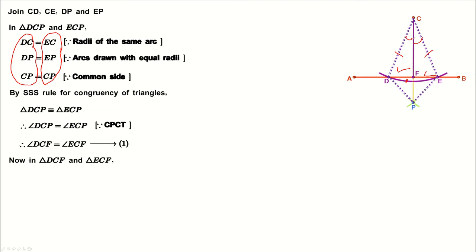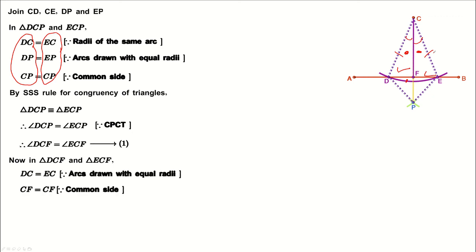Now, consider the above two triangles, this triangle and this triangle. Triangle DCF and triangle ECF. Here, DC equals EC and CF equals CF.